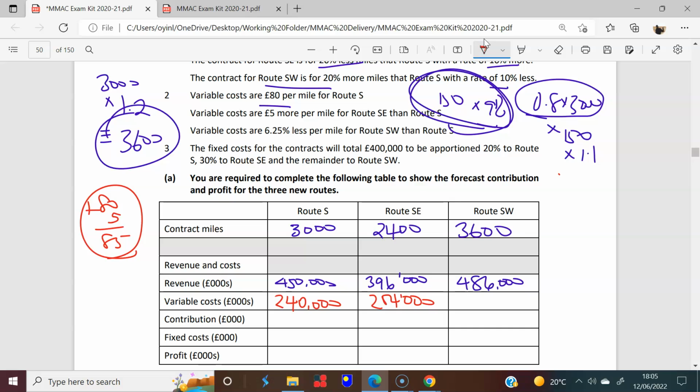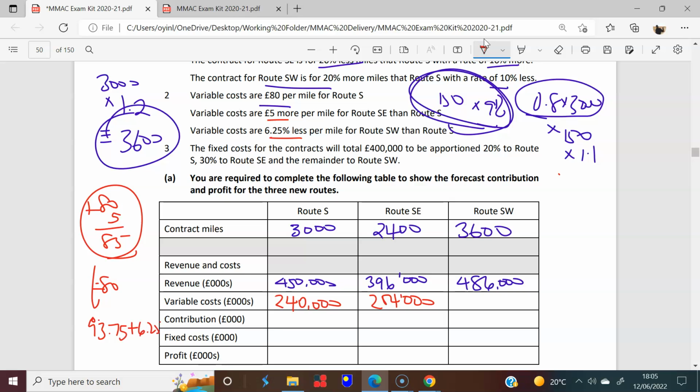Right. Then here it tells you that the variable costs are £6.25 less per mile than Route S. So it's currently at £80, and 6.25 less of this is in effect a difference of 93.75, because that plus 6.25 make 100%.